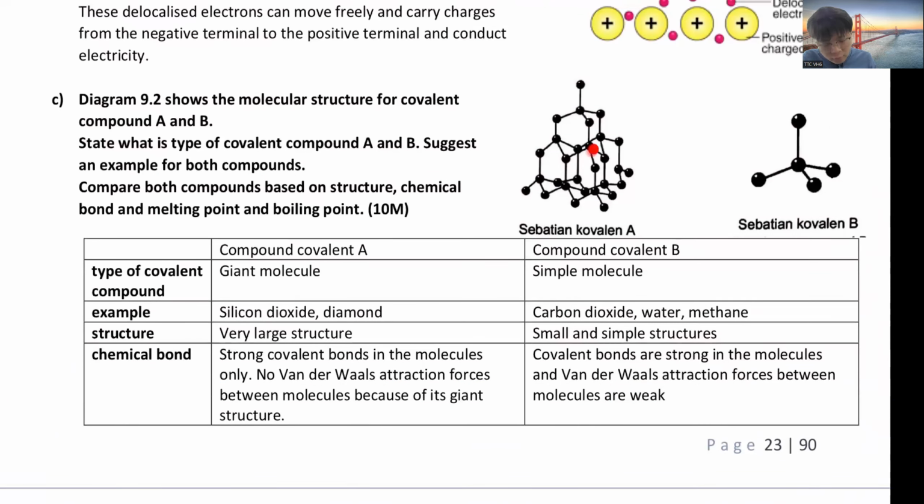But for giant covalent, the melting point is very high because they don't have van der Waals force. Take diamond as an example: the whole diamond is one molecule. So to break the diamond, you have to break the carbons apart one by one, make sure all the carbon is separated. So a lot of covalent bonds need to be broken, so it will have a very, very high melting point.